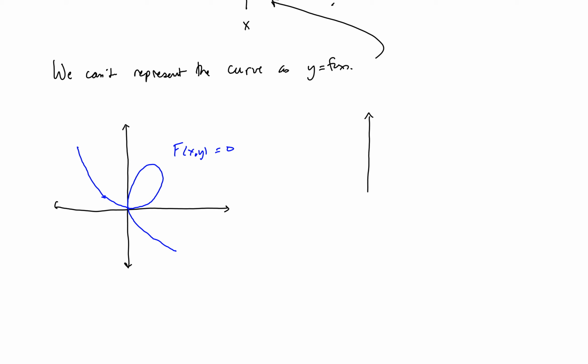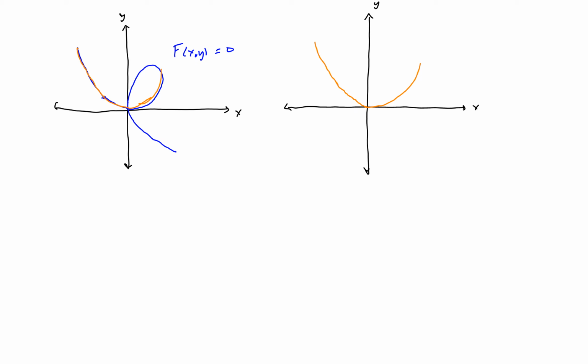Now we can break this up into a bunch of pieces, or 3 pieces in this case, and each of those will be a function. We can start by just looking at this part here, which is basically from here up, following it around till we get up to here. And so this is a function.